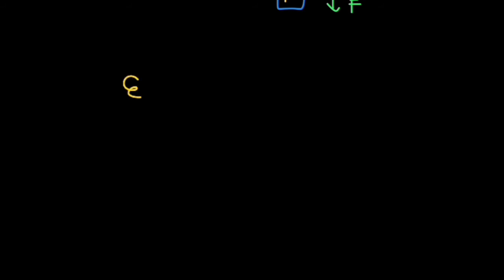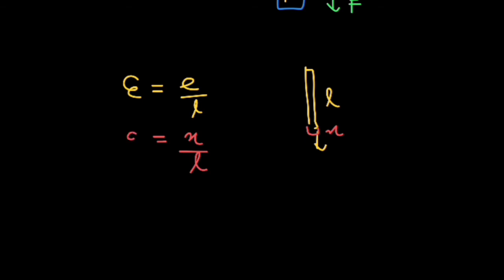Then the strain is equal to E over L. Let's say you have a rod of length L, and if you apply a force F, the elongation would be X, and then if you calculate its strain, that would be X over L. Now let's consider a wire of length 2L. Still you are applying the same force F. Now the elongation would be not X but 2X.